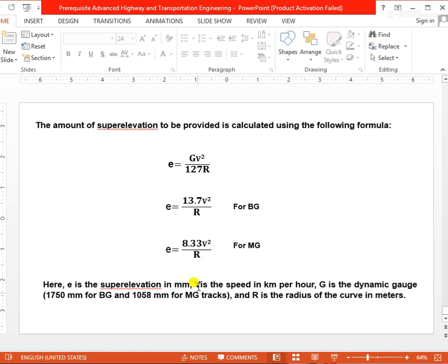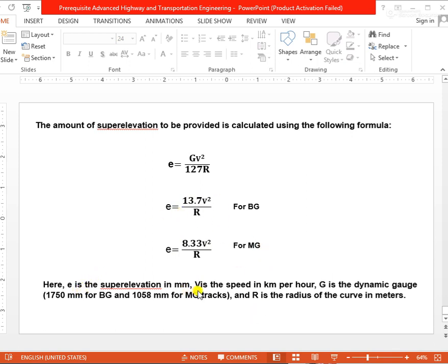And the amount of super elevation to be provided is calculated using the following formula: E equals G V square by 127 R. E equals 13.7 V square by R for broad gauge, E equals 8.33 V square by R for meter gauge.